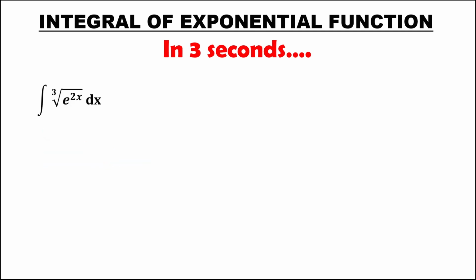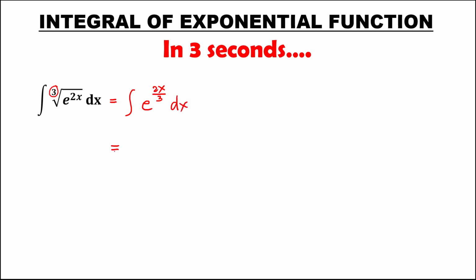Then for this given, first we need to rewrite this radical in exponential form, and this root becomes the denominator of the exponent. So this becomes the integral of e to the power of 2x over 3, then the dx.